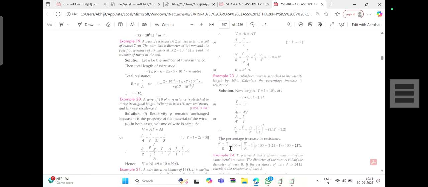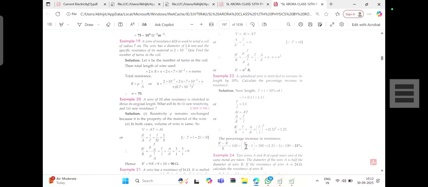Percentage increase is increment by initial into 100%. That is, final minus initial by initial into 100%. You have already done it in your previous classes, class 9th, class 8th.